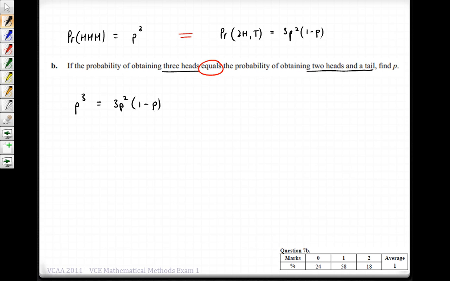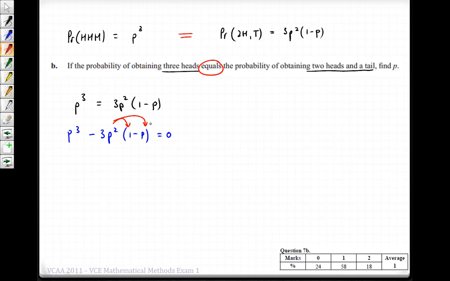So at this point, let's bring it all over to one side of the equation. So we're going to have P cubed minus 3P squared, 1 minus P equals 0. Actually, first off, we might just expand this out.